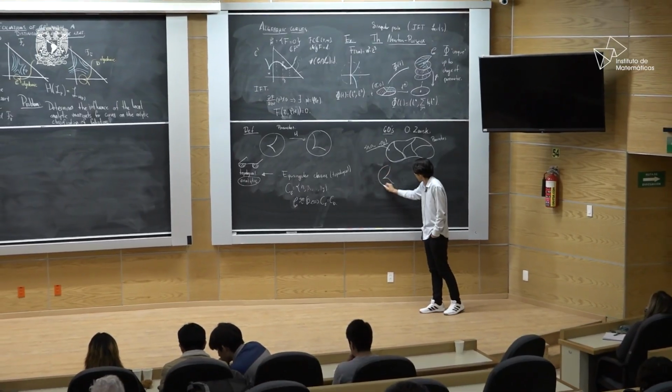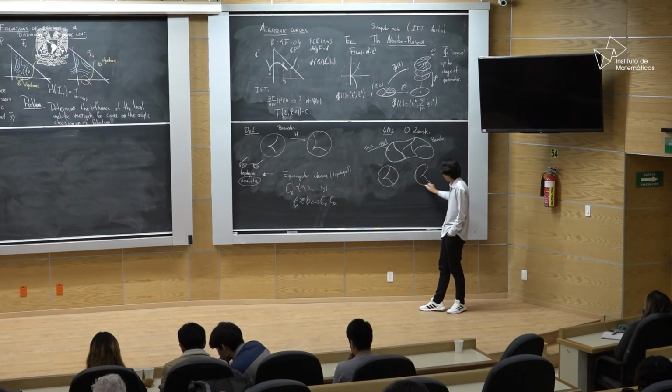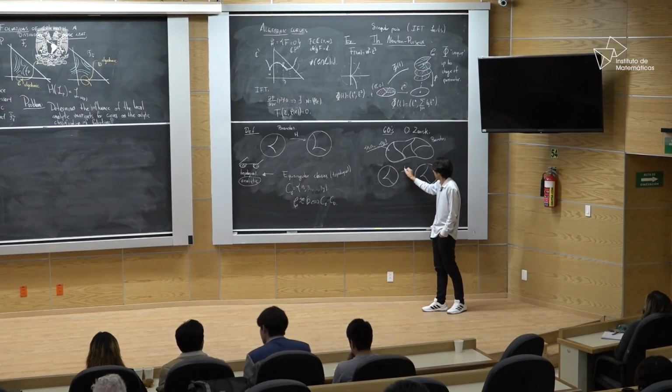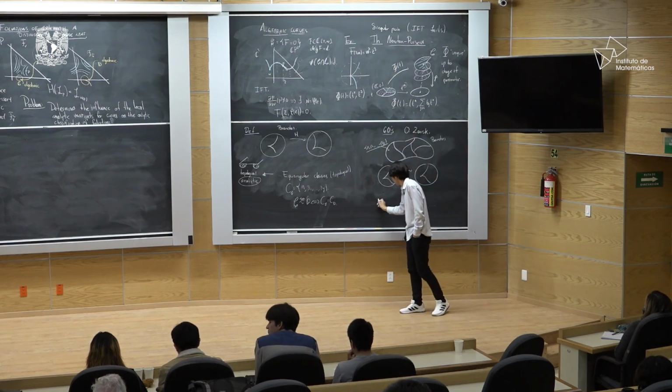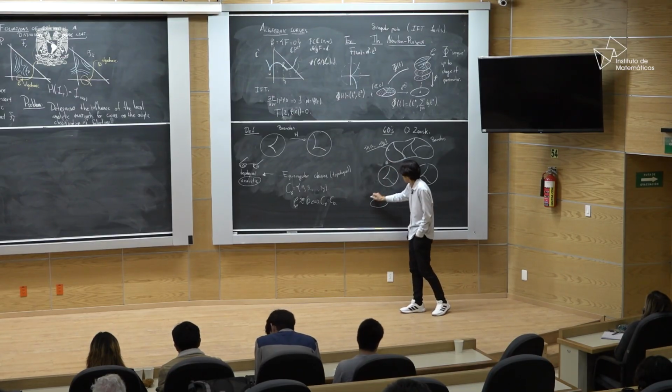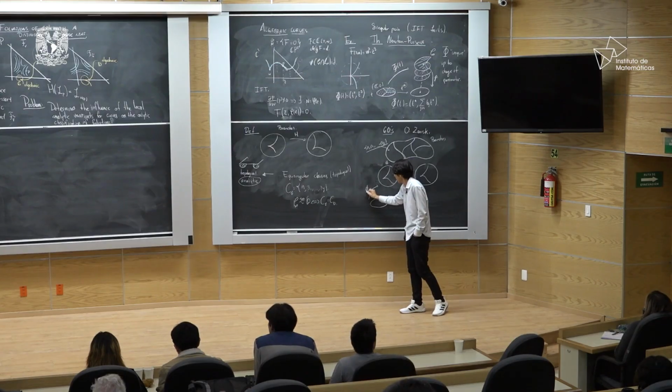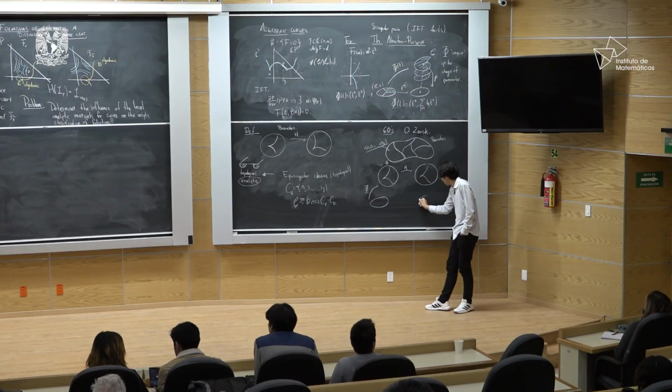If you have two local branches that are analytically equivalent, by the Puiseux theorem you have, for the first one, a Puiseux parametrization, and for the second one also a Puiseux parametrization.